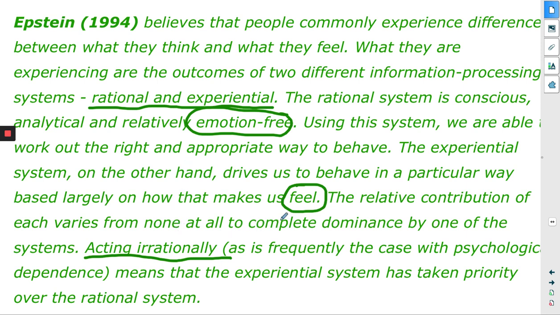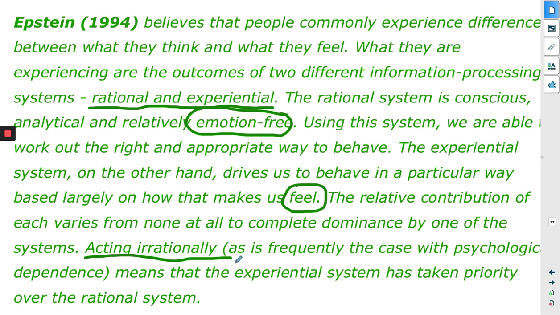Or I could have experienced something really terrible, or be at the end of a relationship, or maybe I'm struggling to cope with the lockdown, whatever it could be. So you can see how suddenly your feelings could overtake and you start acting irrationally.